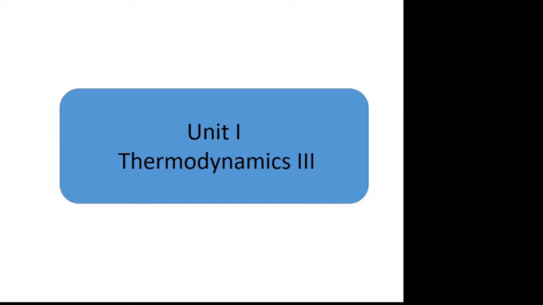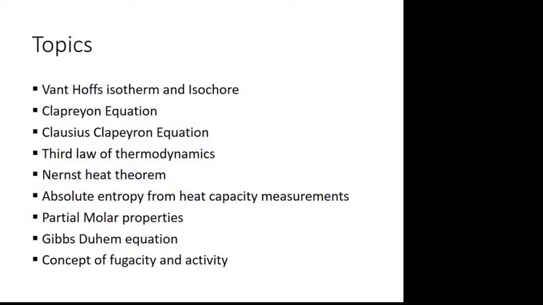We'll see what topics come under thermodynamics 3: Van't Hoff's isotherm and isochore, Clapeyron equation, Clausius-Clapeyron equation, third law of thermodynamics, Nernst heat theorem, absolute entropy from heat capacity measurements, partial molar properties, Gibbs-Duhem equation, concept of fugacity and activity.